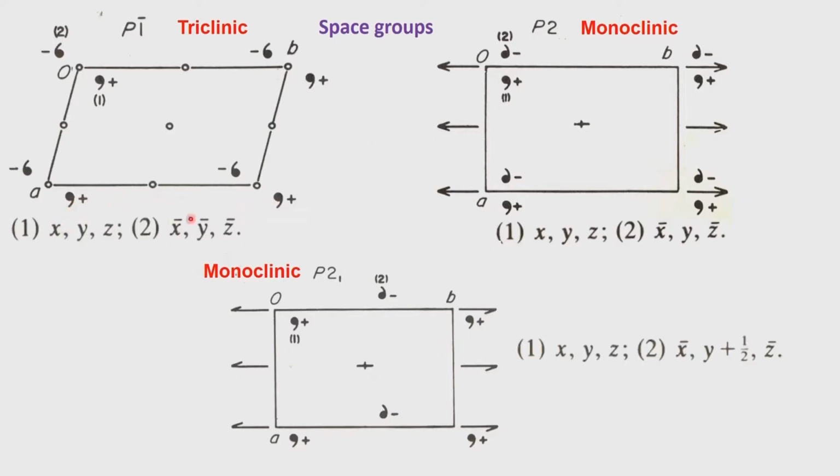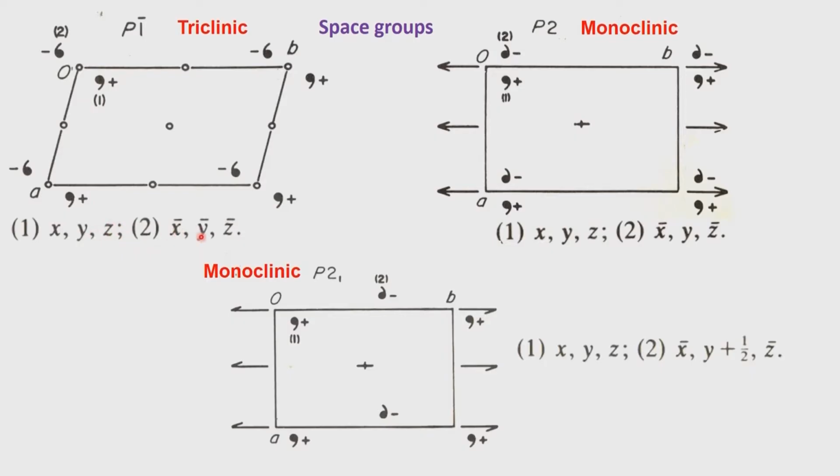If there are 2 general positions, in this particular case of P1 bar there is x y z and x bar y bar z bar, then there are 2 molecules or 2 objects in this unit cell. The object which is left alone as one here is referred to as the object in the asymmetric unit. So, we say that the asymmetric unit has one object, but due to the symmetry operation we generate 2 objects which are symmetry related to each other.